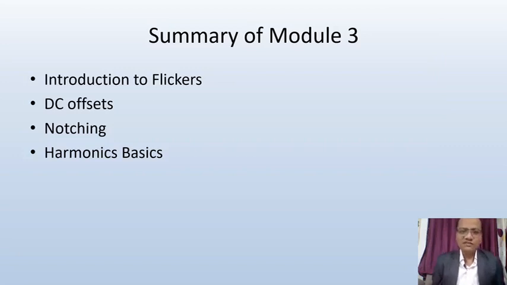So let's move towards the summary of module 3. In module 3 we covered the introduction to flickers, DC offsets, notching, and the basics of harmonics.